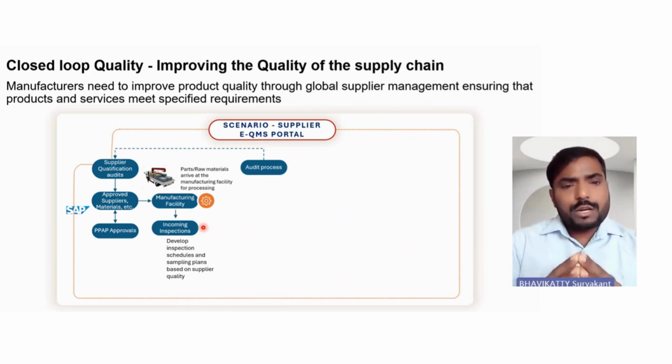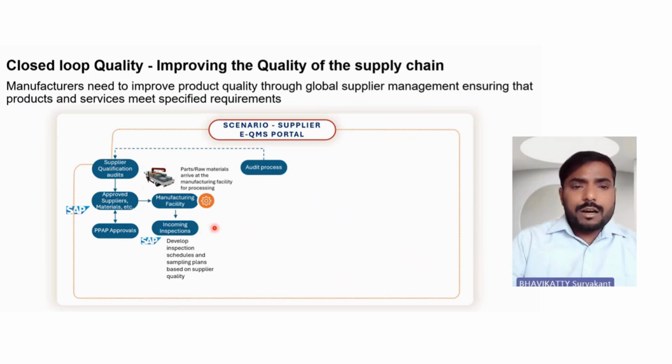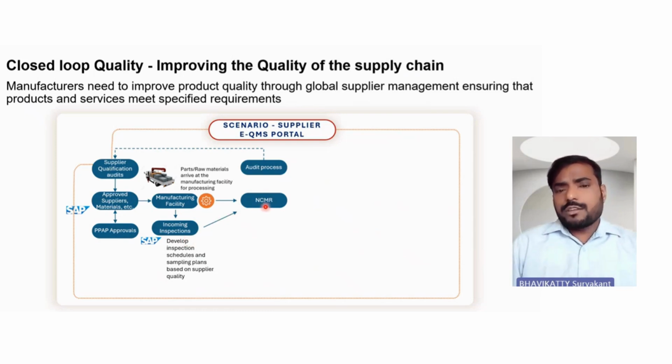If this is not okay, then the incoming inspection team needs to raise the non-conformity. Once you do the inspection, it will go to the non-conformance module. This non-conformance is raised from the incoming inspection team. Whenever you raise a non-conformity, the NC can arise from internal issues or from supplier issues.